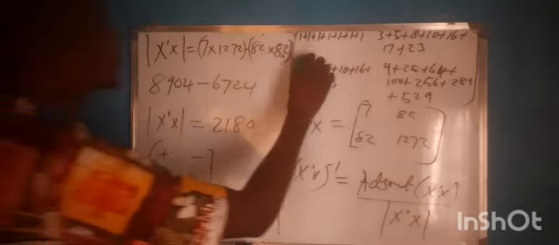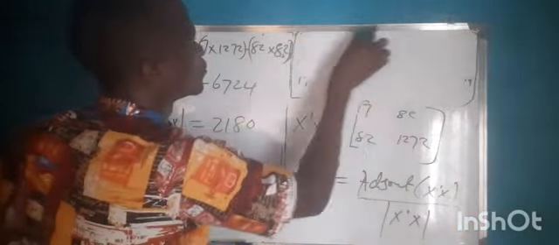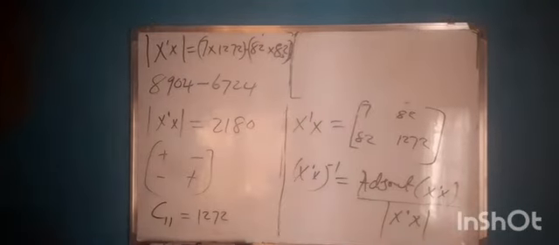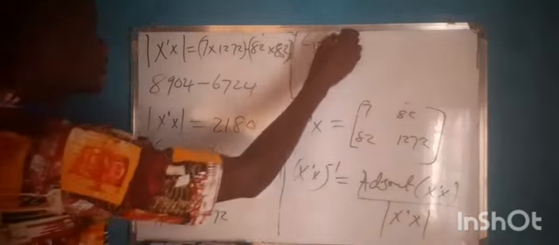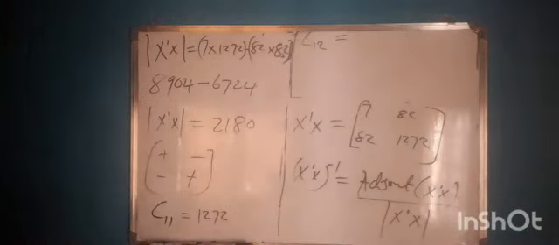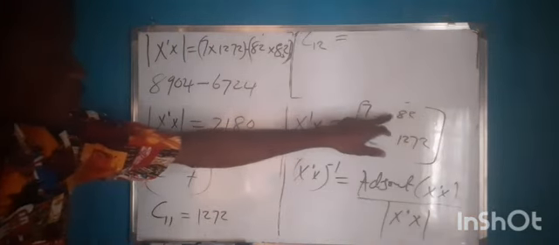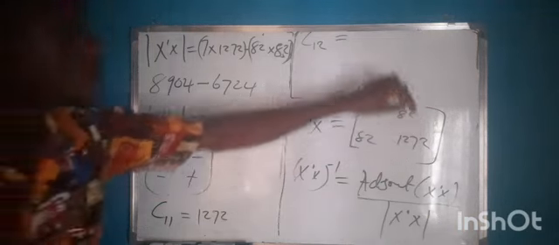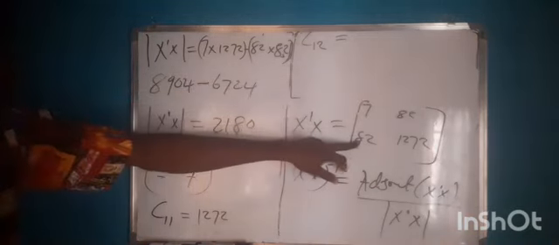Okay, the next step we get our C12, which is row 1, column 2. This is the position of our C12. When you come here now, the number that is opposite to this 82 is also 82.